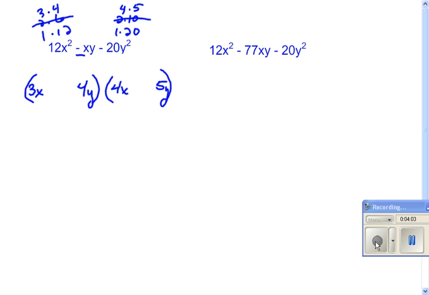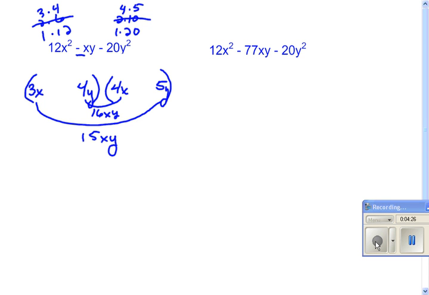Now to get that middle term, you look underneath the inner and the outer. The inner is giving me my 16xy. The outer is giving me my 15xy. Can they differ by 1? Well, yes, they can. I need a negative 1xy.